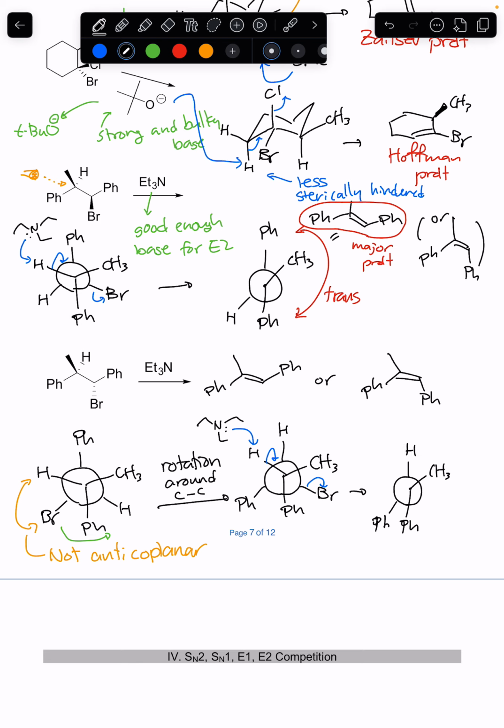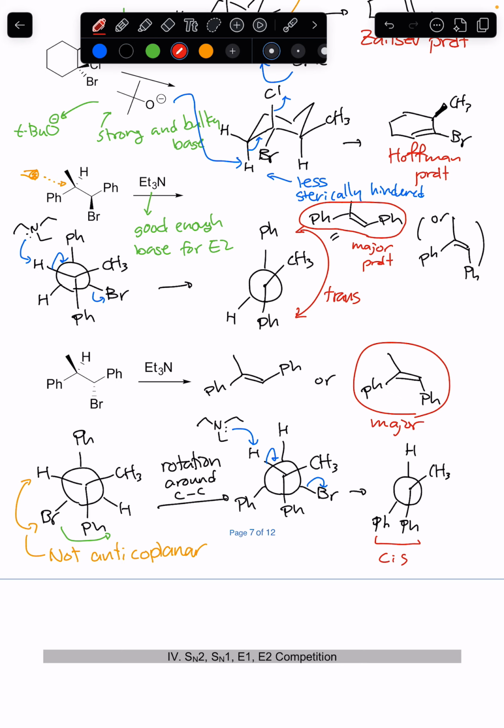You notice that the two phenyl groups are cis to each other. Okay, so we should be getting this product as the major, from that diastereomer. So hope that makes sense.